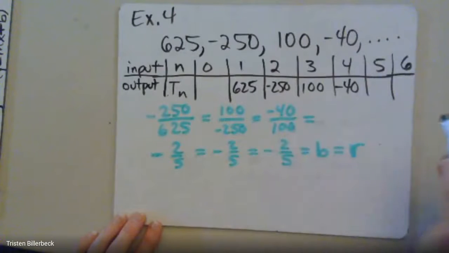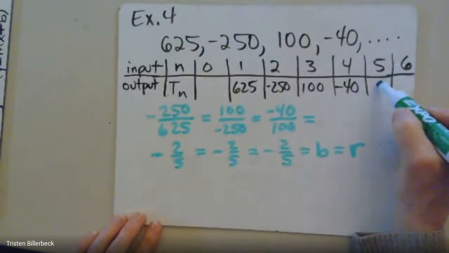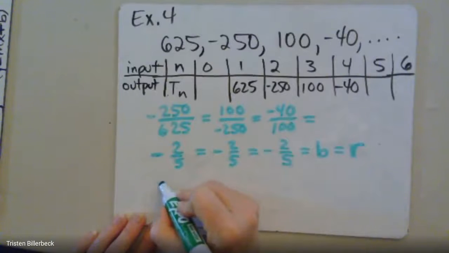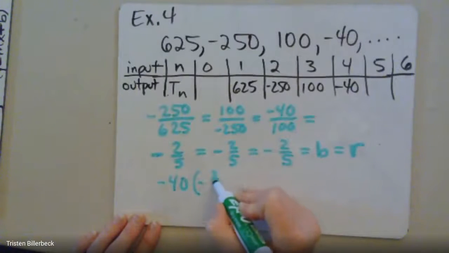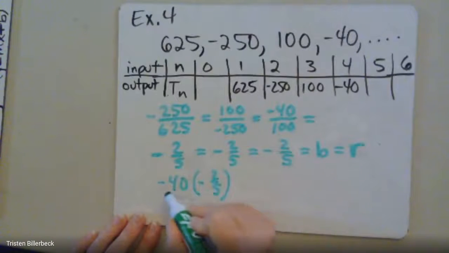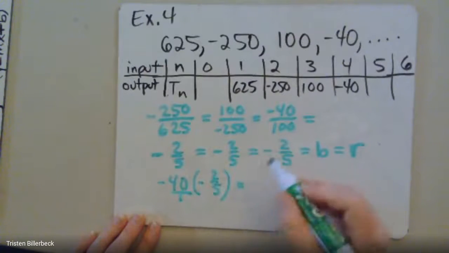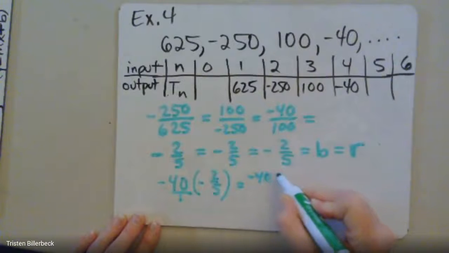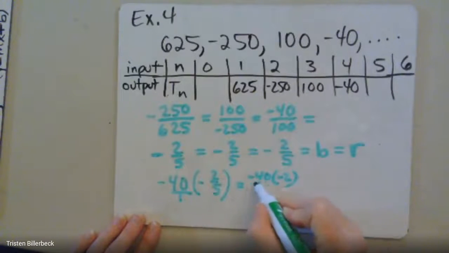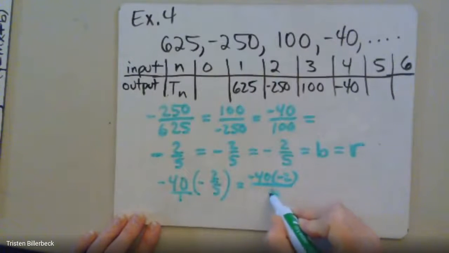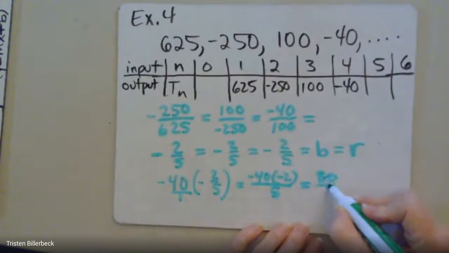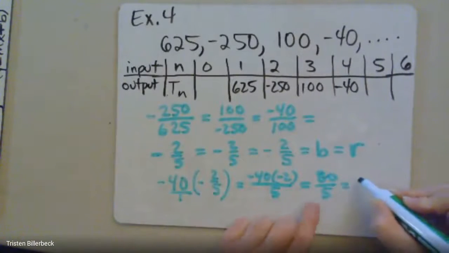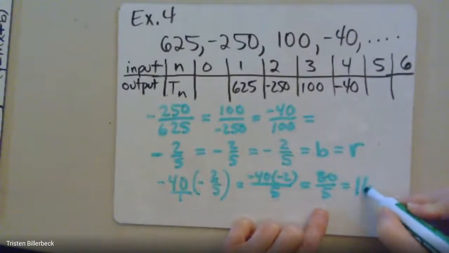So we can figure out what this one would be by multiplying negative 40 times negative 2/5. So let's put a 1 under there. So we have negative 40 times negative 2 divided by 5, which gives us a positive 80 over 5, which equals 16.